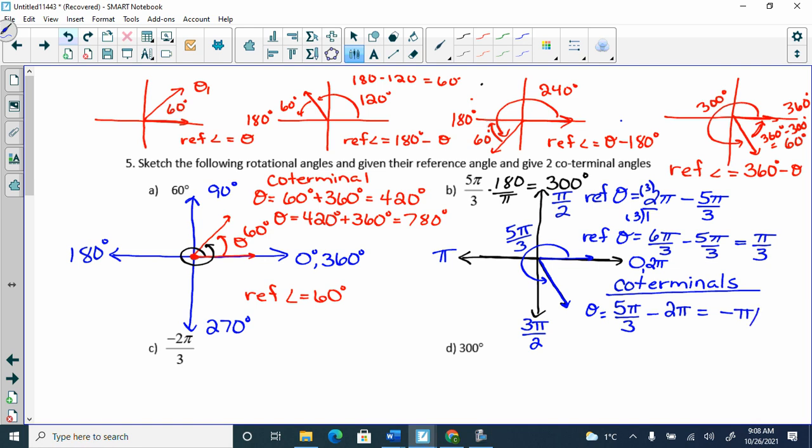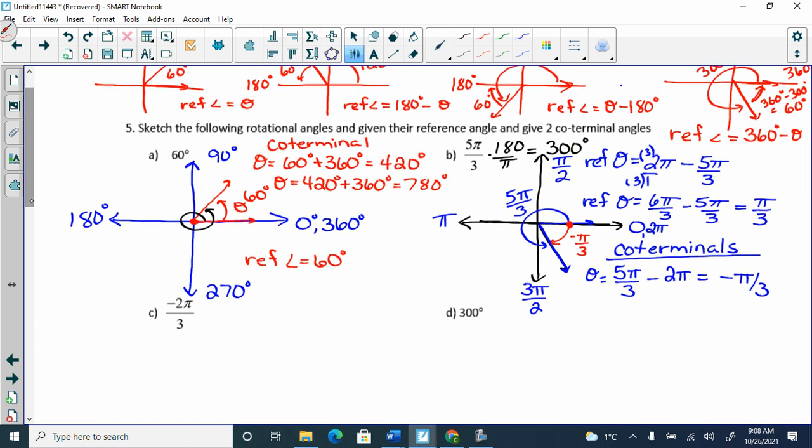Does that make sense? Let's think about it. I'm going to start here, and then I'm going to go to there. What is that? Negative pi over 3, isn't it? Yeah, it's accurate.